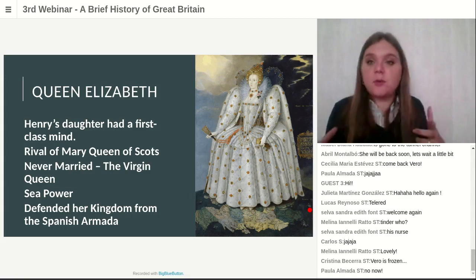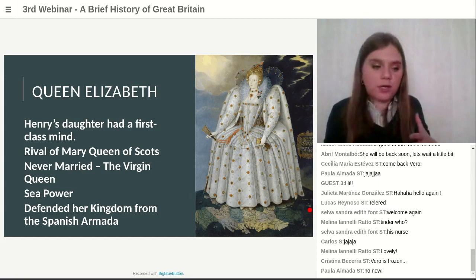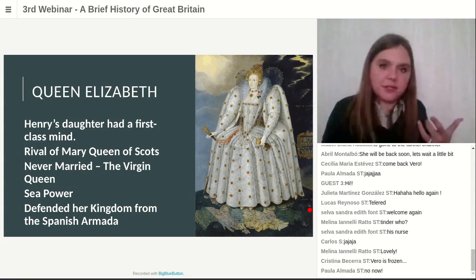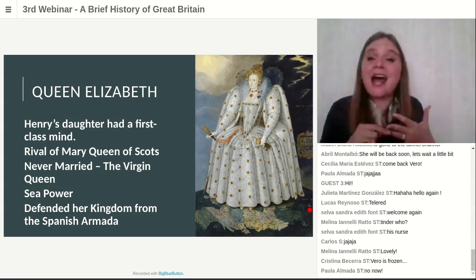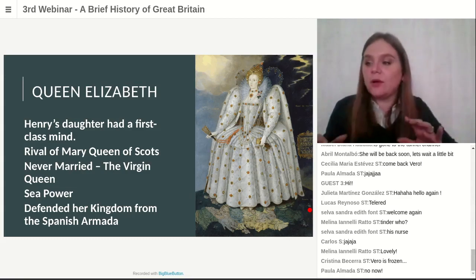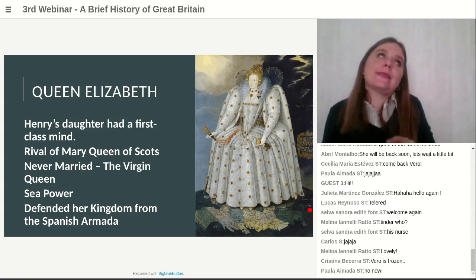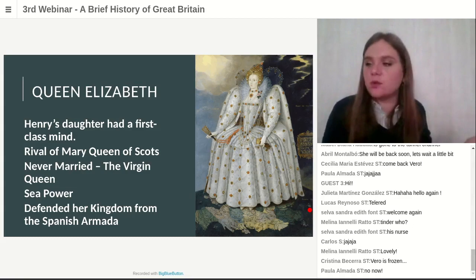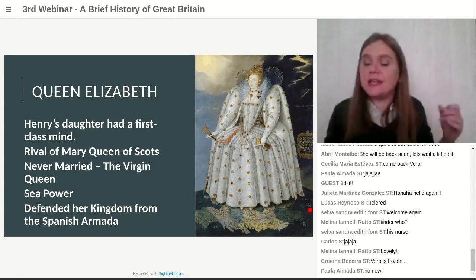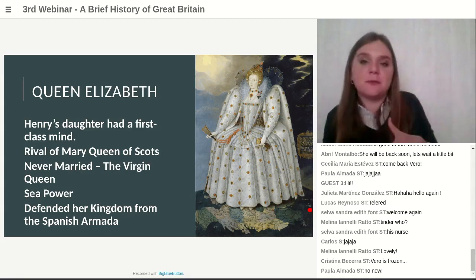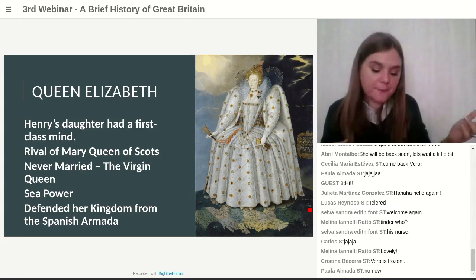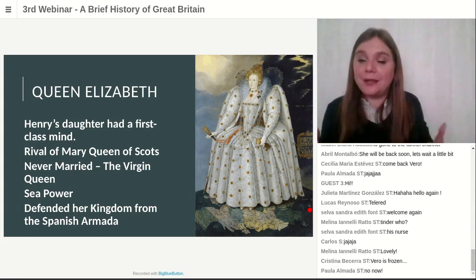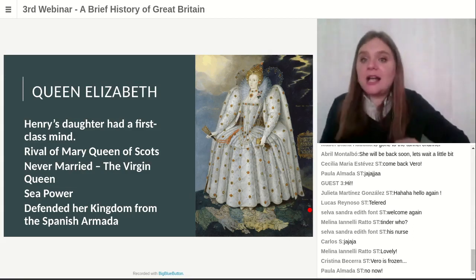The problem was that British ships were, well, there were pirates, of course, because why not? They were stealing everything from others, and also they were getting more, let's say, legal things connected to transportation, going to the Americas, sending slaves. They wouldn't own slaves, but they would pick up slaves from Africa and take them to North America, and different things. And that really angered the King of Spain.